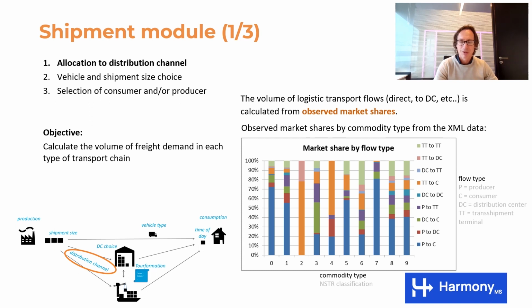We calculate the market shares for each of these flows and determine the total volume of direct and indirect transport. This is a rather straightforward approach based on observed statistics.